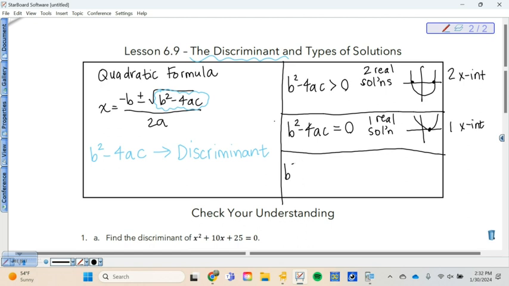And if b squared minus 4ac is negative, if it's less than 0, there are two imaginary solutions and 0 x-intercepts. Okay?